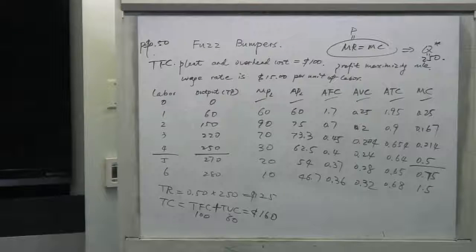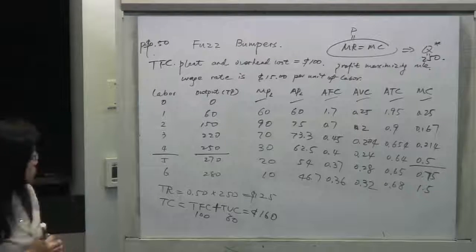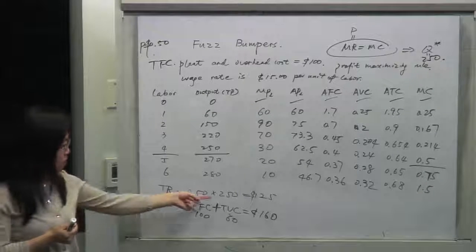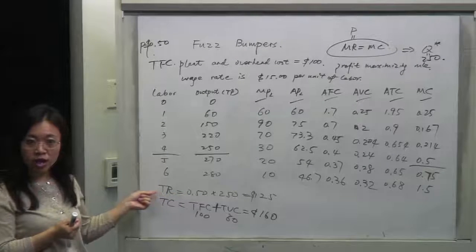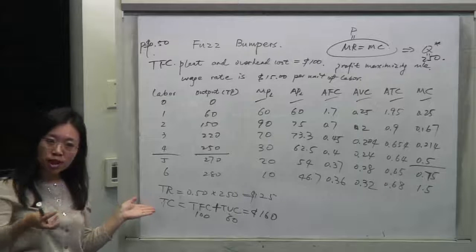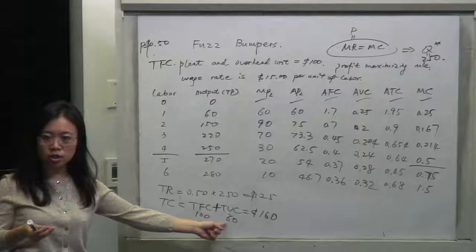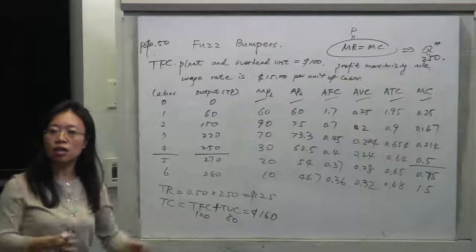How about short run then? Probably. What is short run profit? It's right here. Total revenue remains the same, right? But now we're going to subtract total variable cost instead. And total variable cost is equal to $60.